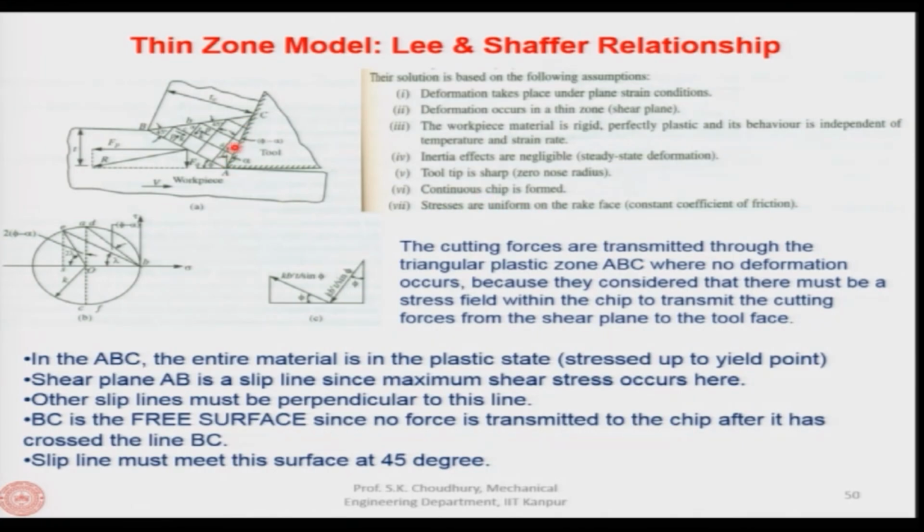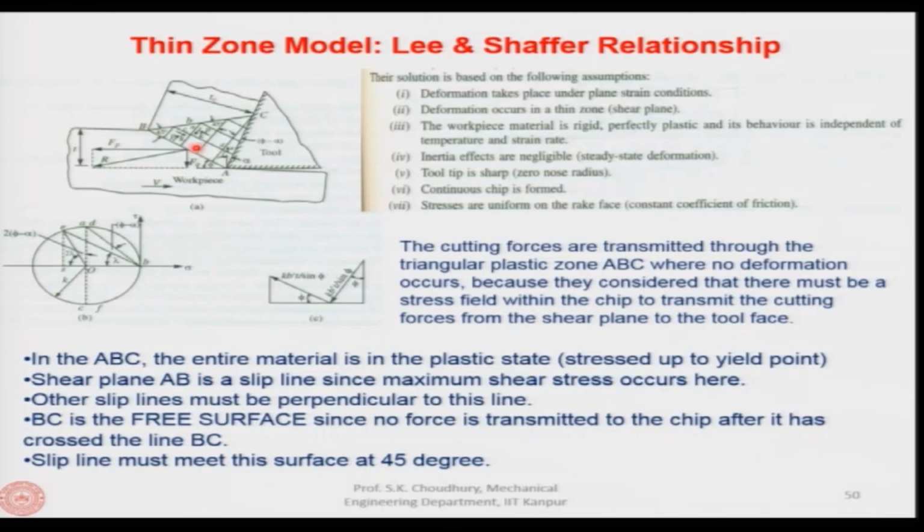So, as you can see, this is also 2-dimensional and not 3-dimensional, because they are saying that the tool is sharp, mu is constant, and the stresses are uniform and so on. Now, the cutting forces are transmitted here. The principle is this: cutting force is transmitted through the triangular plastic zone ABC.